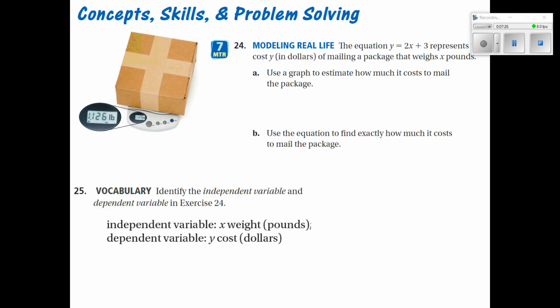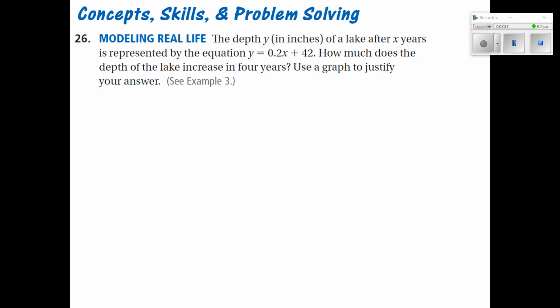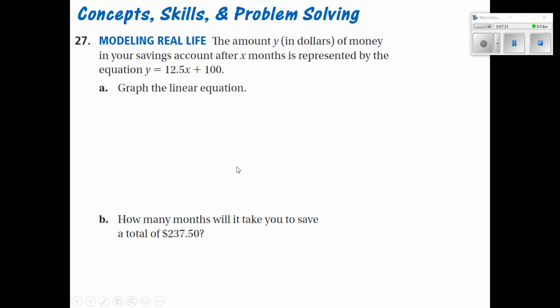All right, let's move on. That's 26, that's for you to do. 27: the amount y in dollars of money in your savings account after x months is represented by the equation y equals 12.5x plus 100. Graph the linear equation. I'm going to pass through 100.